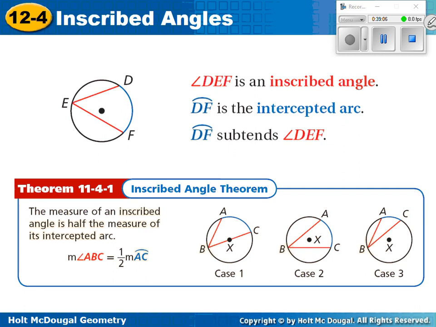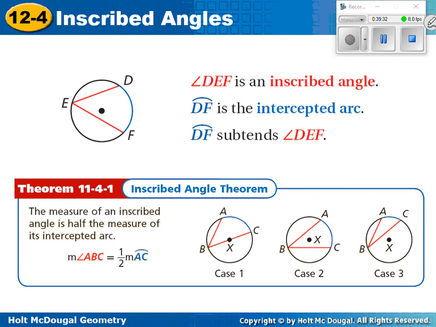Or another way to say that is, the measure of the arc will equal what compared to the angle? Twice the angle. So the measure of the angle is half the measure of the arc if it's inscribed. Everybody with me? If it's the central angle, they're the same. If it's an inscribed angle, it's half.